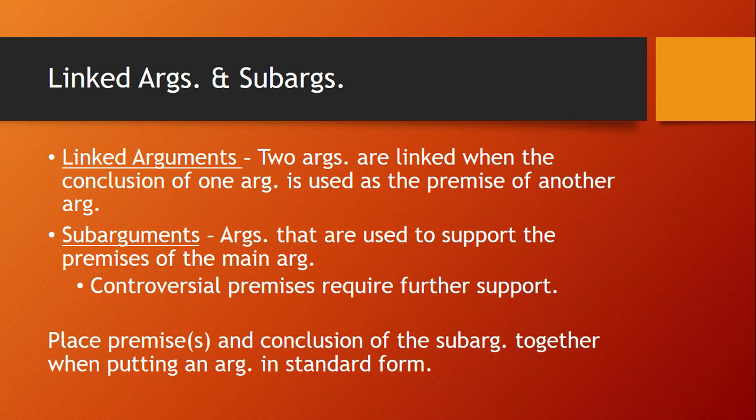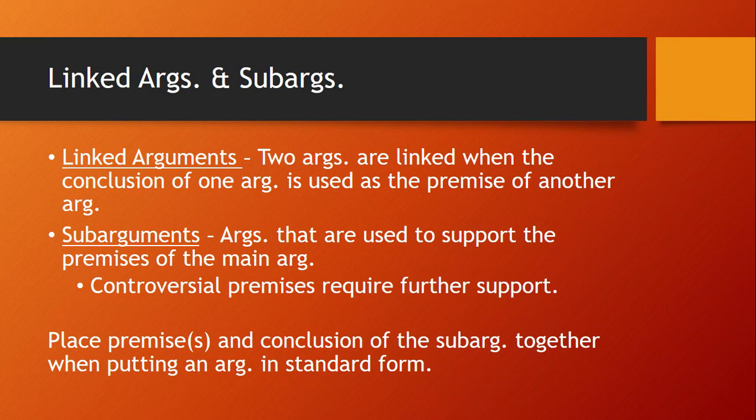Sub-arguments are arguments that are used to support the premise of the main argument. In other words, you have a main argument and you have a sub-argument, where the sub-argument is used to support a premise in the main argument. So in other words, the sub-argument and the main argument in a way are linked. And you can even think that the sub-argument is kind of part of the main argument.